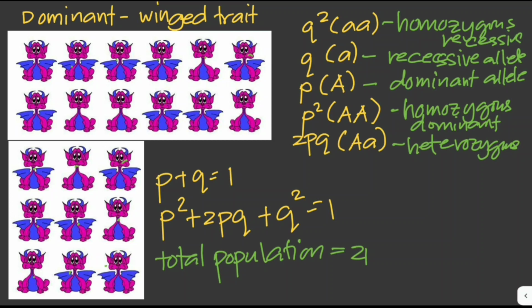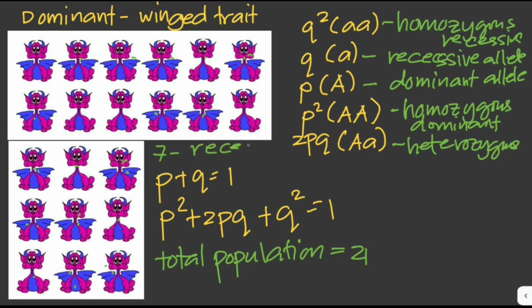Alright, so the total population here is 21, and then it says that the winged trait is the dominant allele. So let's count how many of the dragons are winged. By counting from the figures here, we have 7 non-winged.